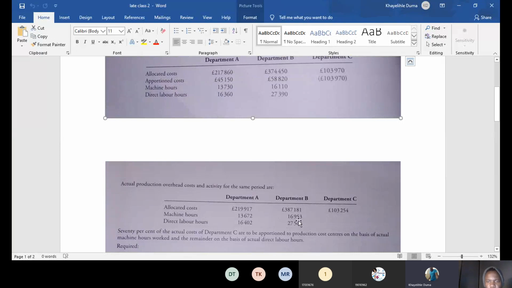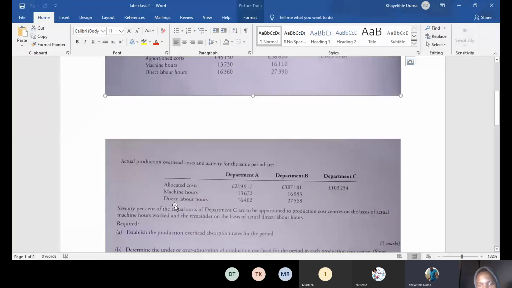You can see that there are no machine hours on production department C, because department C is on the side. They just focus on the services only. It's not part of the factory. So now we're given that 70% of the actual cost of department C is to be apportioned to production cost centers on the basis of actual machine hours worked, and the remainder on the basis of actual direct labor hours.